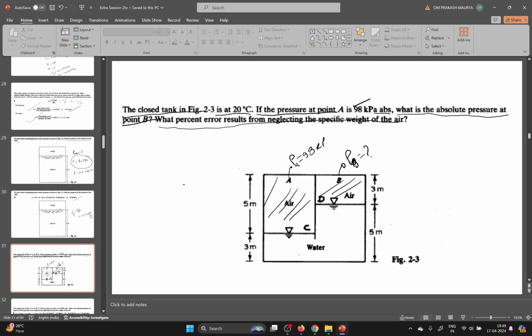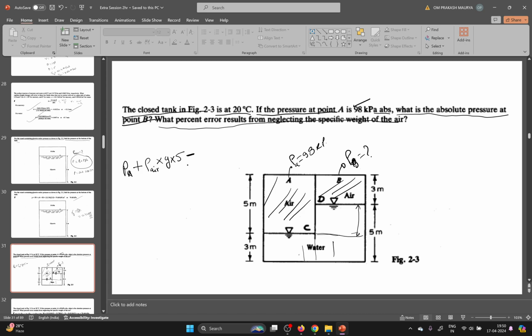So here, first we try to write the hydrostatic concept. Pressure at A plus the pressure up to 5 centimeter, so rho of air g h, where h is given as 5. Up to here is water, up to here is water. This is plus, this is minus, it will cancel out, so you need to write only these things.